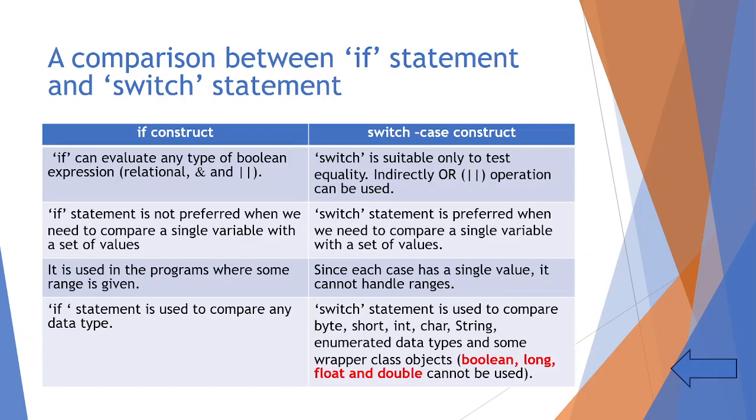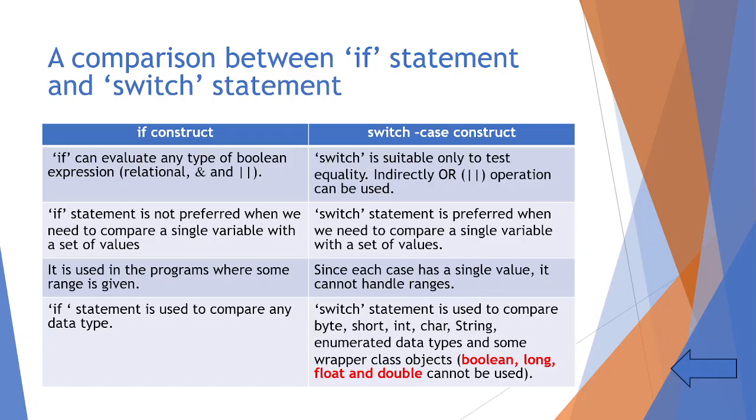The second point is, if is not preferred when we need to compare a single variable with a set of values like A, E, I, O, U. In such kind of statements, switch is preferred: a single variable with a set of values.